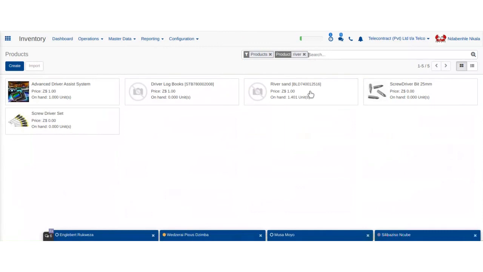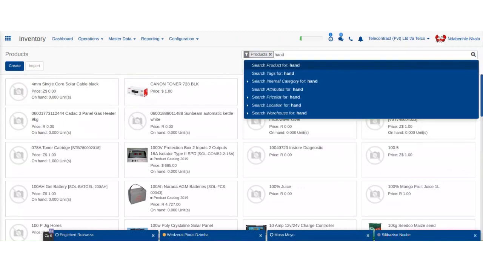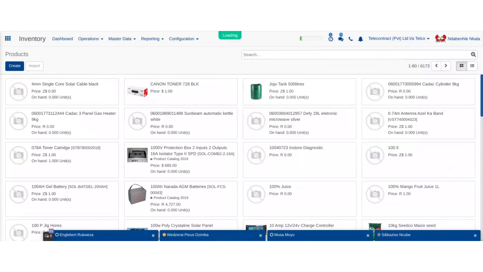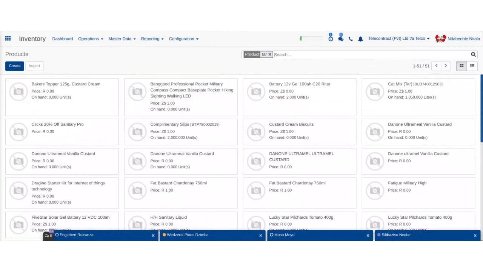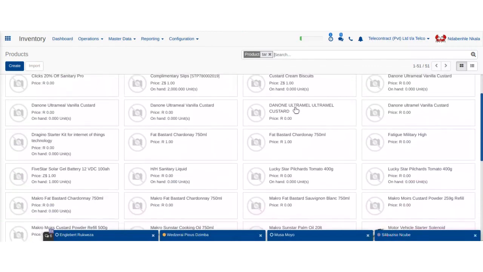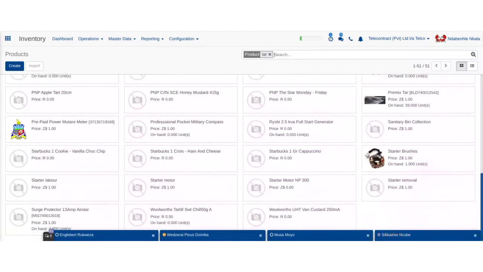I don't know why these are in units. They should be in meters cubed. But anyway. I'm looking for tar.